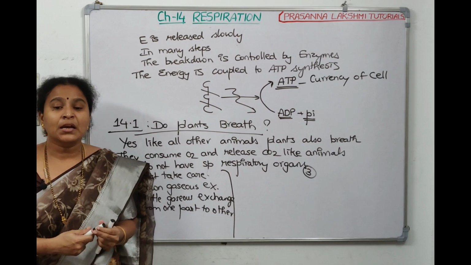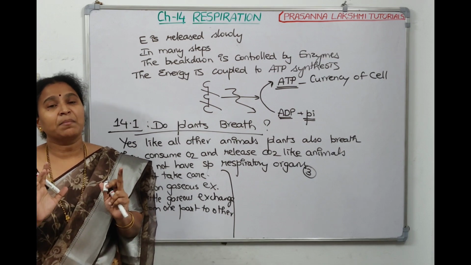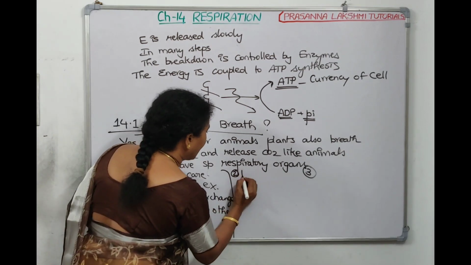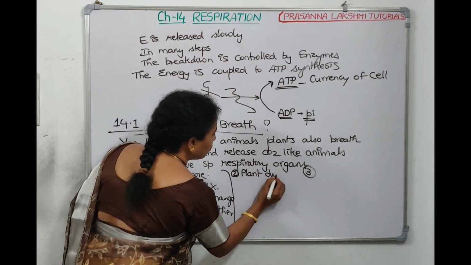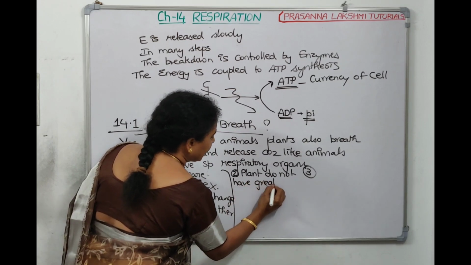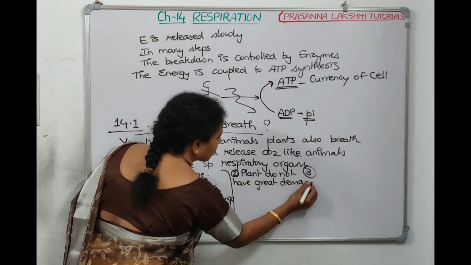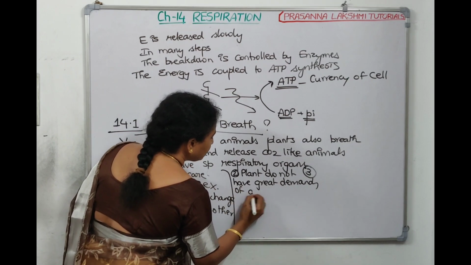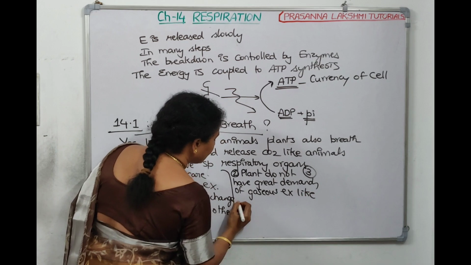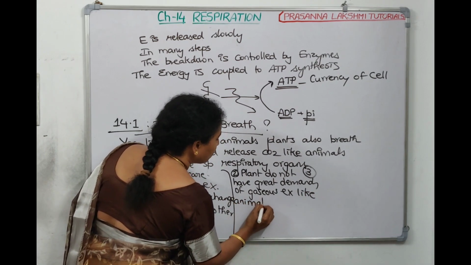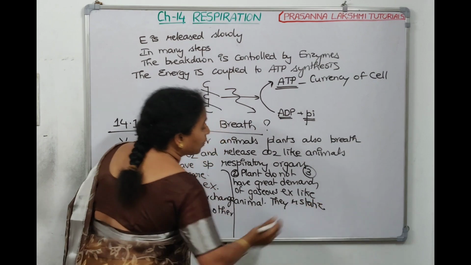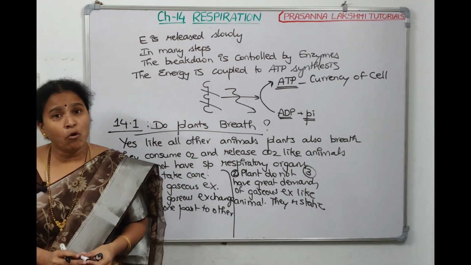So plants do not have great demands of gaseous exchange like animals. Why, children? Because they are static. Because the plants are static, they don't move.